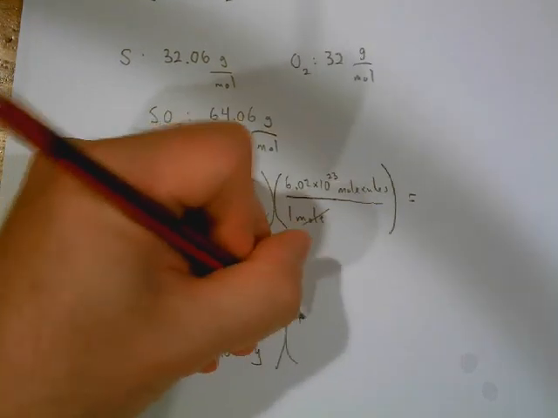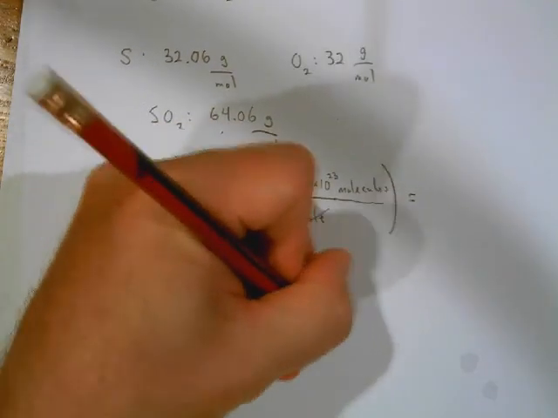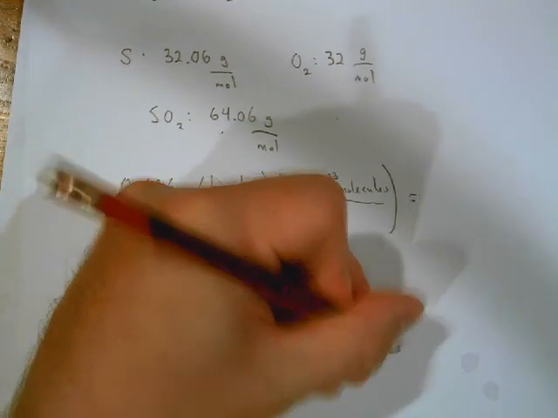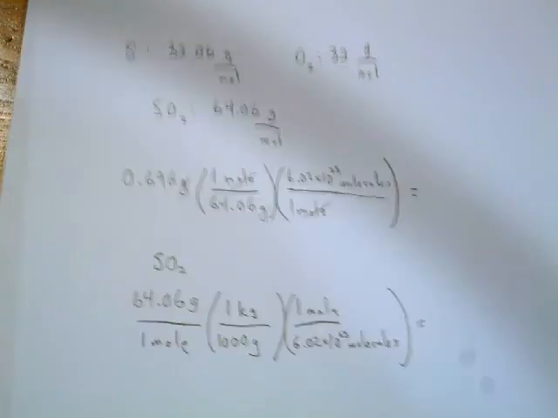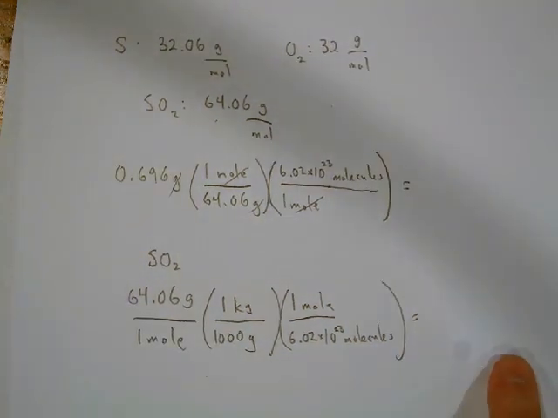Then I have to get rid of the moles, so I have 1 mole and 6.02 times 10 to the 23rd molecules. If you did the math there, you would end up with how many kilograms there are in one molecule, which is going to be a teeny tiny number.